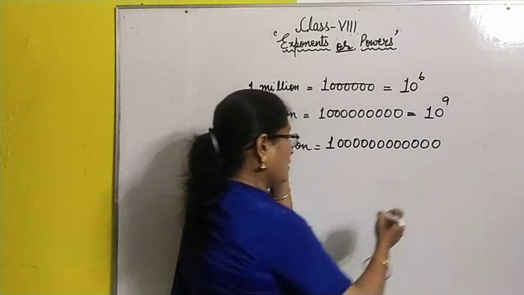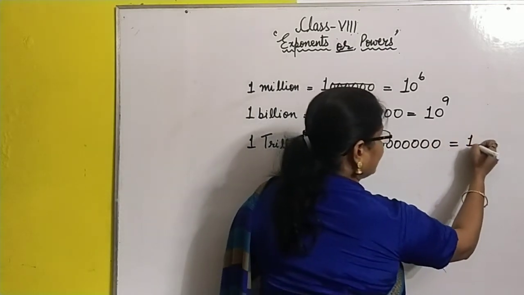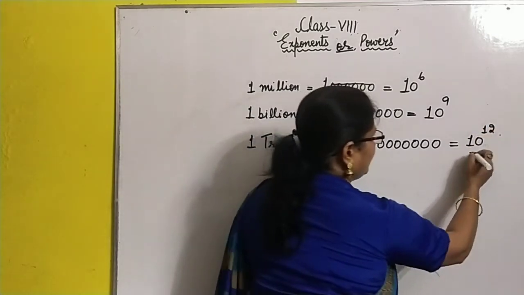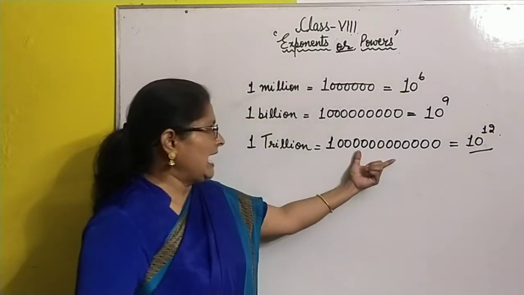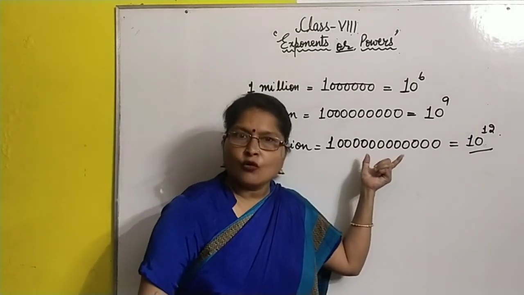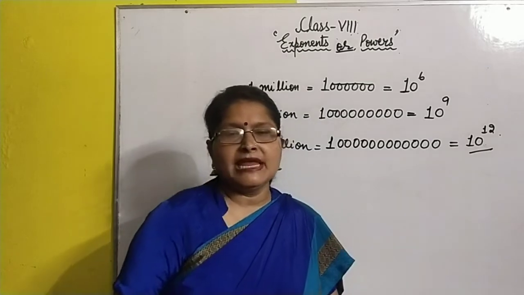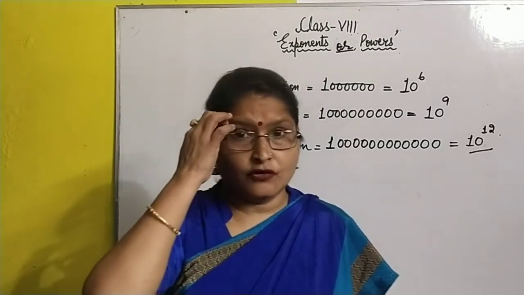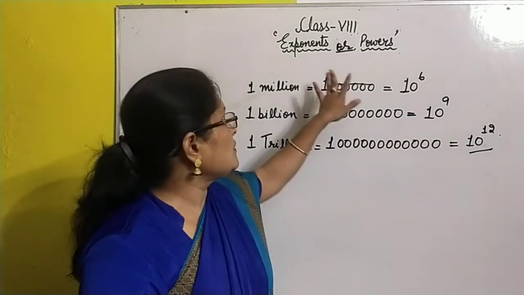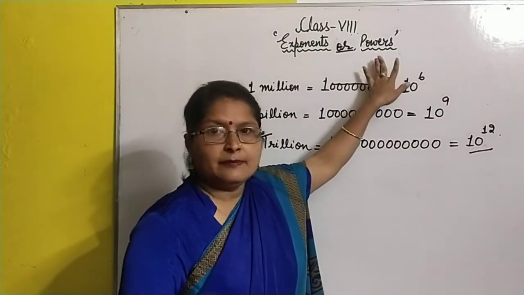So I will write 10 raised to the power 12. It will be very easy to read 10 raised to the power 12 than reading the long number. So to make numbers easy to write and read, we use exponents or powers.